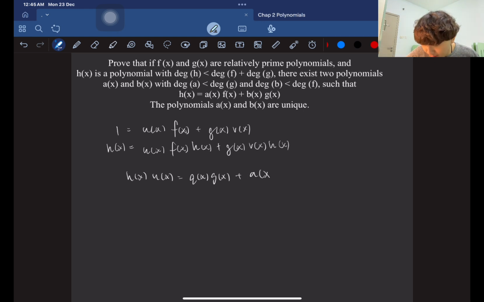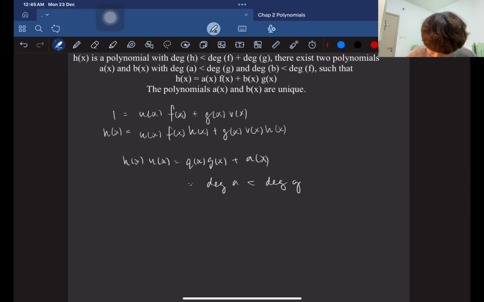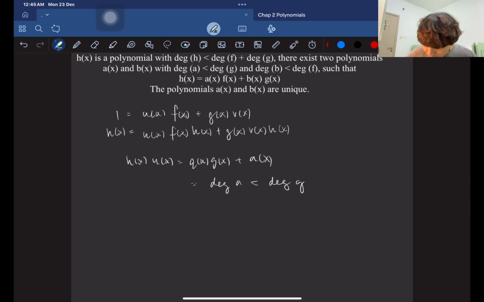So the r(x) actually is a(x). Then from this equation, we will know that the degree of a will be smaller than the degree of g. Absolutely. So here we have h(x)u(x), we can substitute into here.